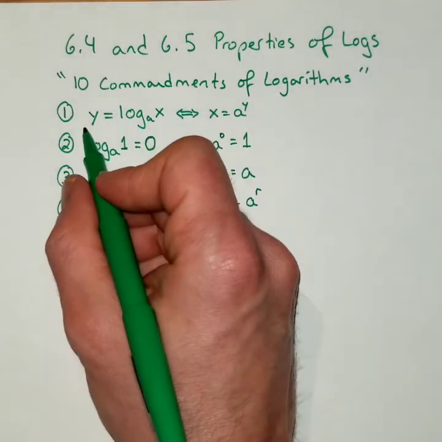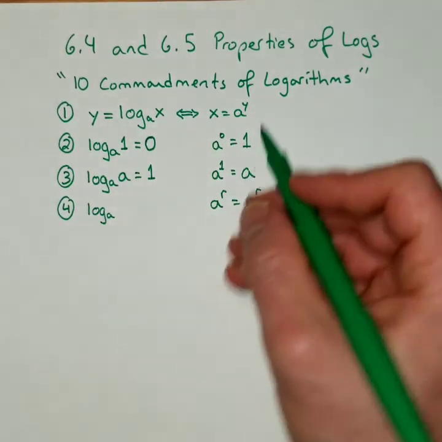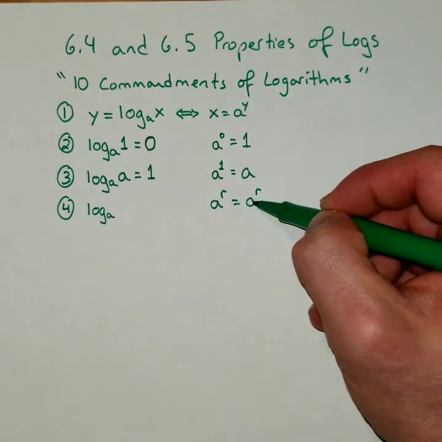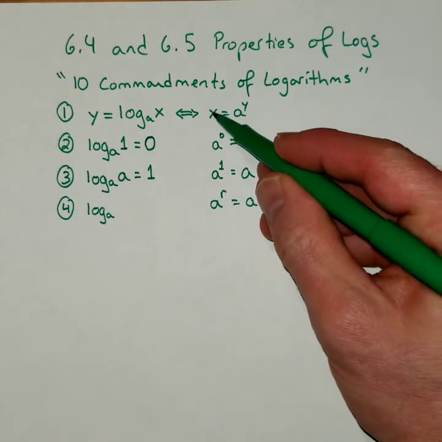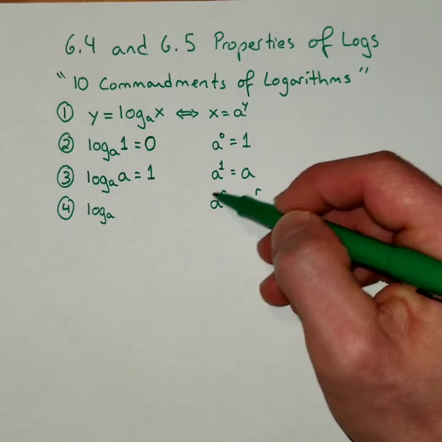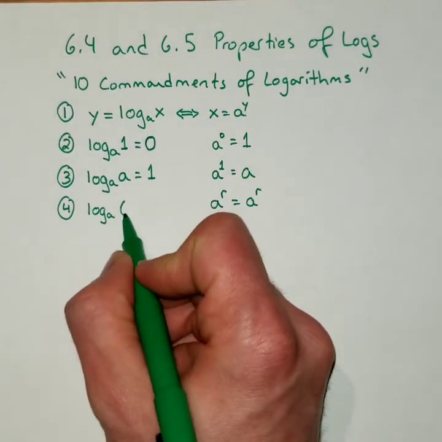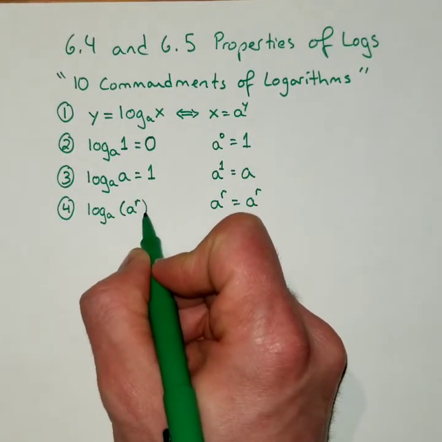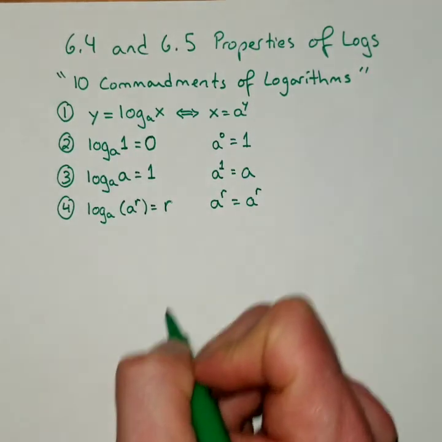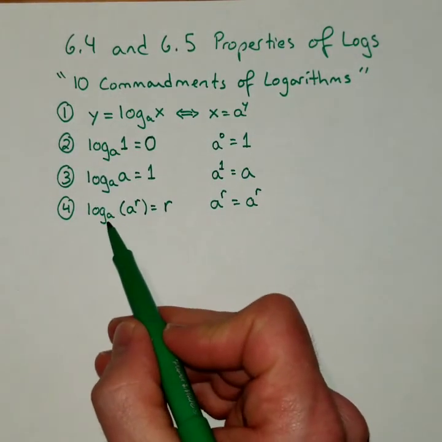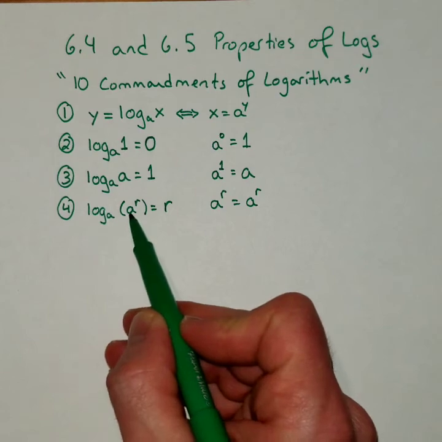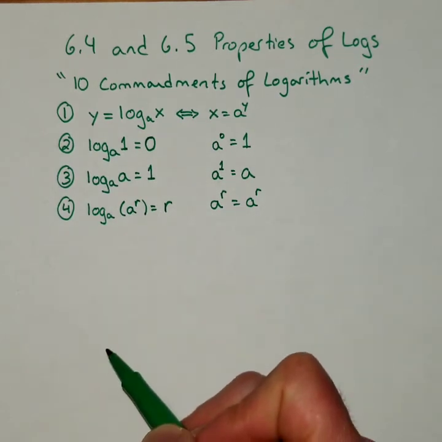Oh, the power actually has to go to the other side. I'm doing this a little bit weird. So a is a, the x is this entire side, a to the r. So that's the input, and the answer is r. So if you think about it, what power takes a to the r? And the answer is r.